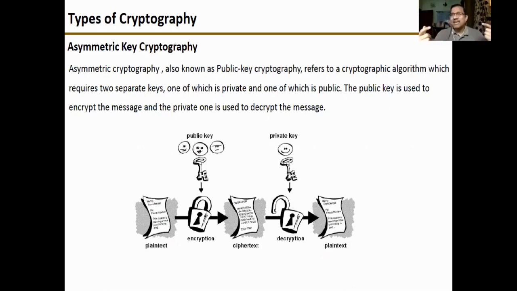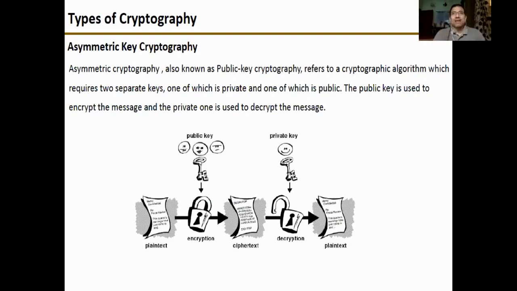The private key is just the pair of the key which you need to decrypt the message. That's why the name asymmetric: you are encrypting with a key X, which is a public key, and you are decrypting with a key Y, which is a private key, and X and Y are not the same keys. In the case of symmetric key, X and Y were the same keys.